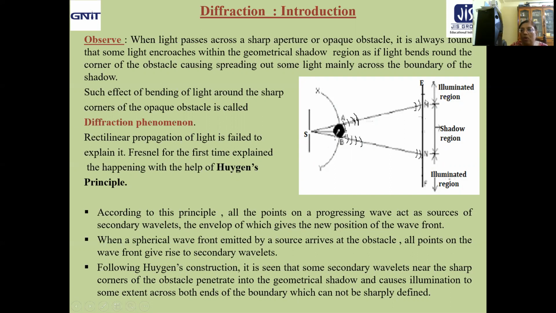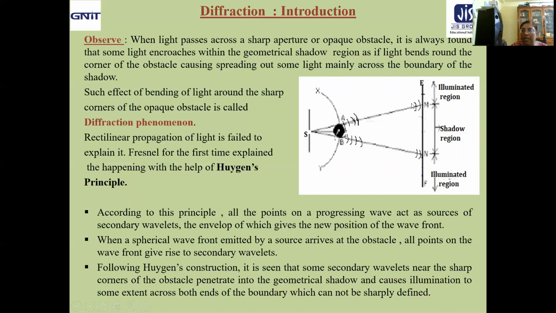But if you observe this shadow very carefully, to your surprise, you will find that in some region around M, that means below and above, and in some region around N, also below and above, you will find some illumination in the form of dark and bright fringes in both cases.